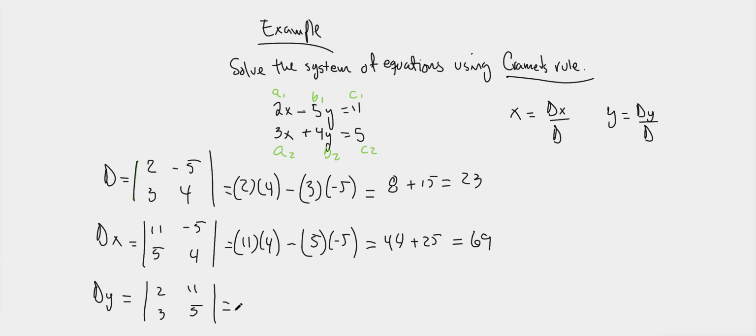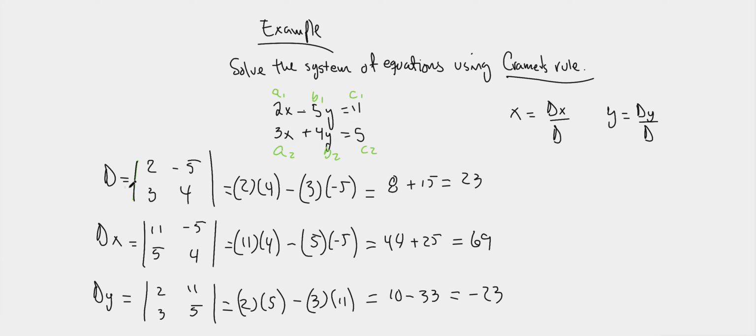That will be 2 times 5 minus 3 times 11. 2 times 5 is 10, and 3 times 11 is 33, but because of that minus, it's negative 33. This gives me negative 23.